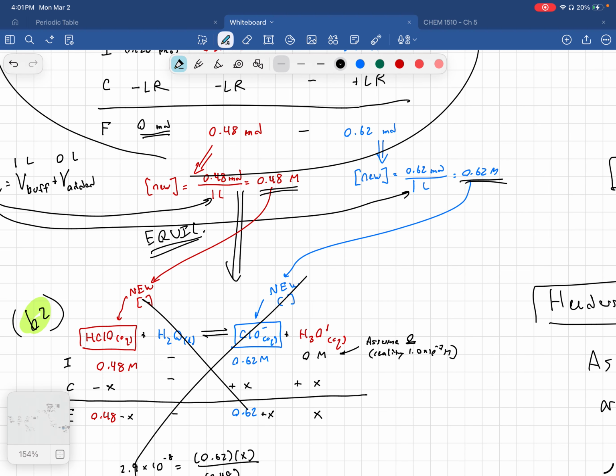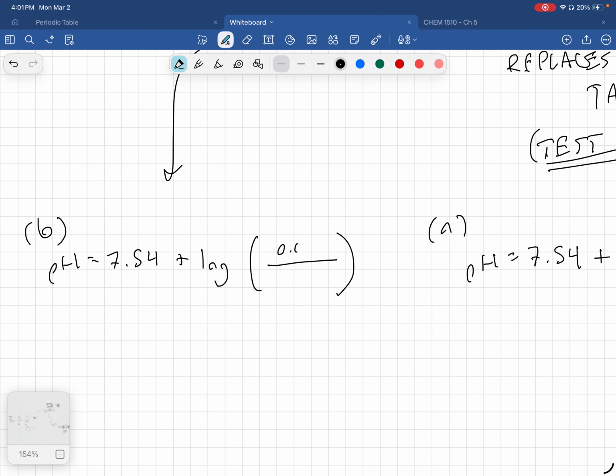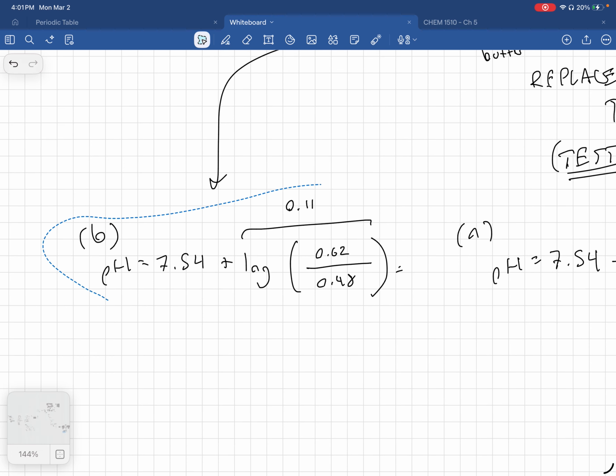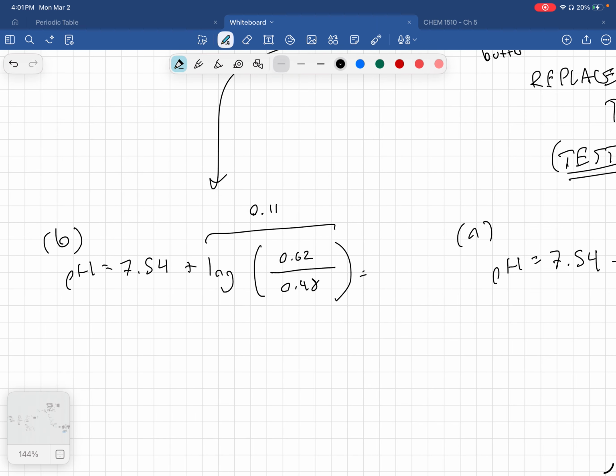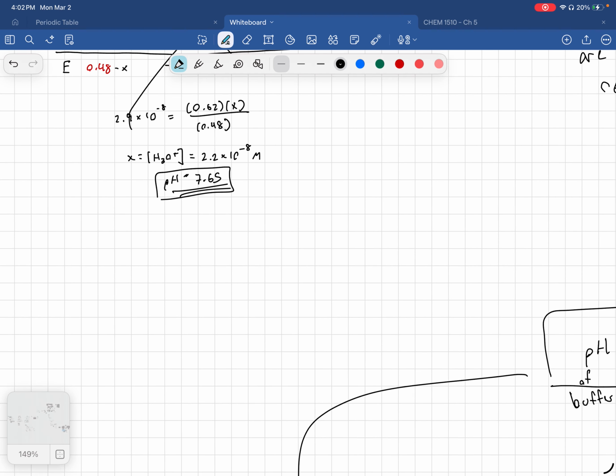So now instead of 0.6 over 0.5, we have 0.62 over 0.48. The log of 0.62 divided by 0.48 is 0.11, and so on. So 7.54 plus that answer gives a pH after adding base of 7.65. And indeed, that is what we got.